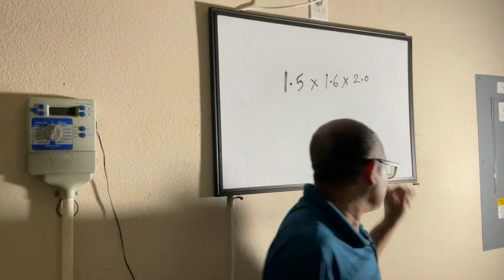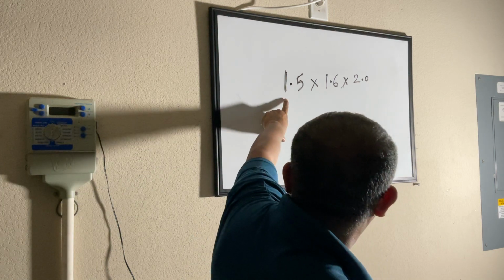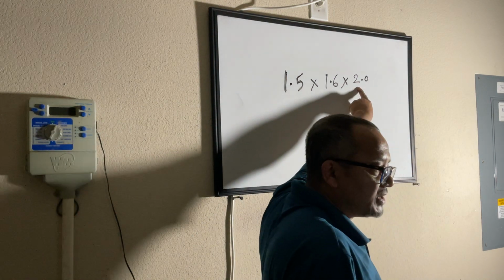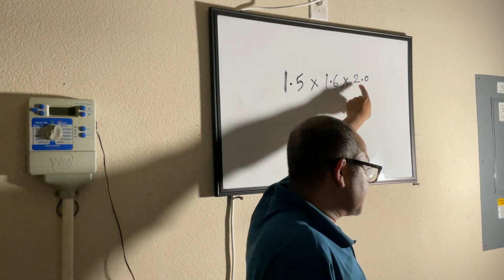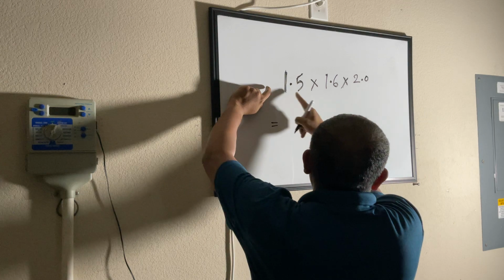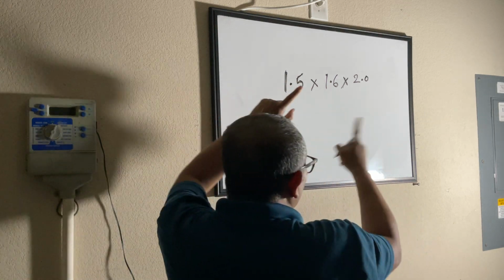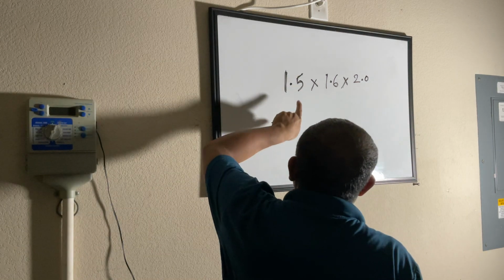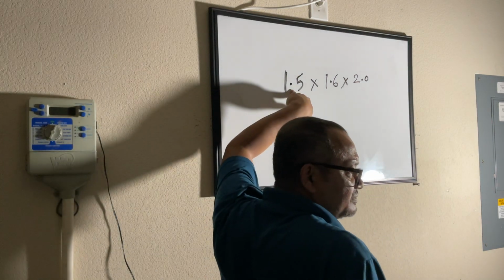No. Do it yourself. Now 1.5 into 1.6 into 2.0. Everybody here. Naita, you also done. So here, first of all, as I said, dealing with natural numbers is okay. I know the tables of 1 to 20, but I don't know the table of 1.5.